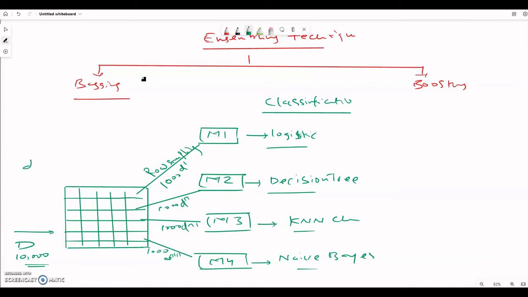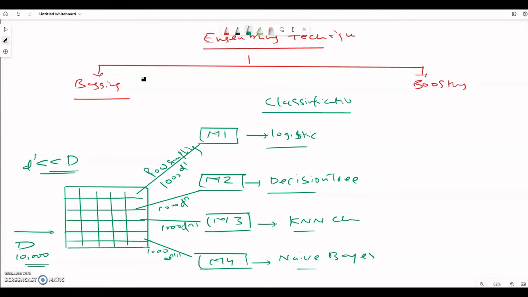That means the samples in each model must be less than the main data set. So we have different algorithms arranged here in parallel, and these samples can also be repeated in every other model.